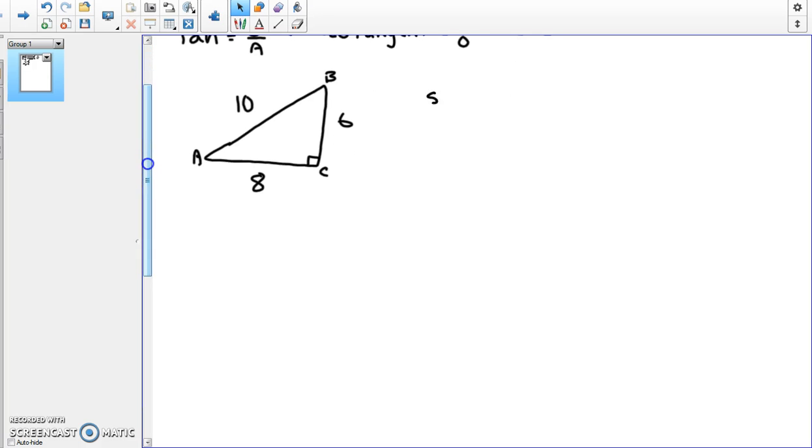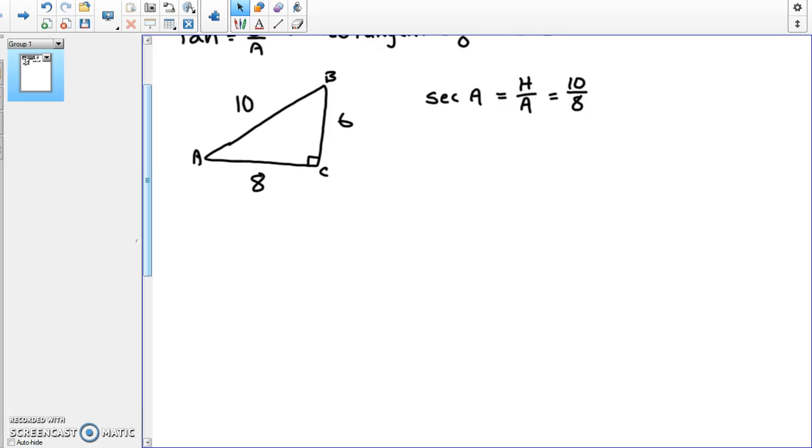Let's start with secant of angle A. So secant of A, that should be my hypotenuse side over my adjacent side. So for this problem, hypotenuse is 10, adjacent side is 8. So there's your secant.